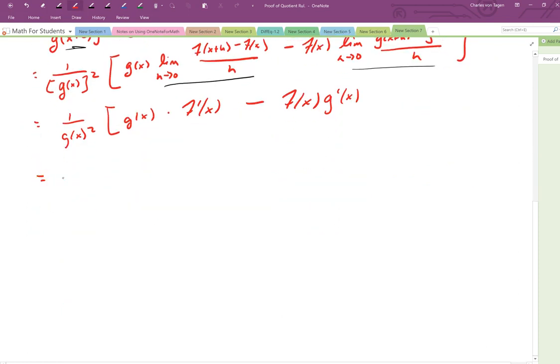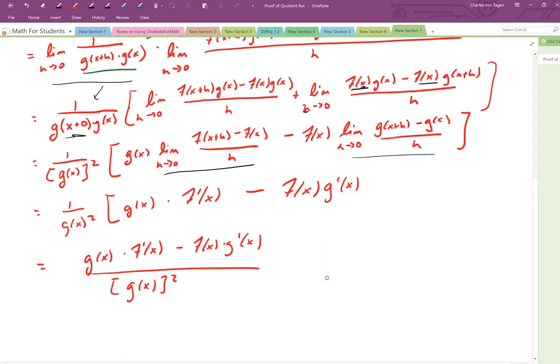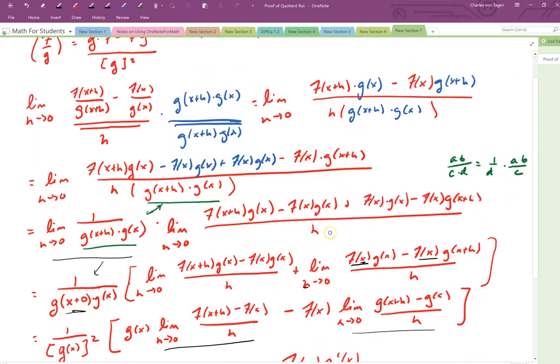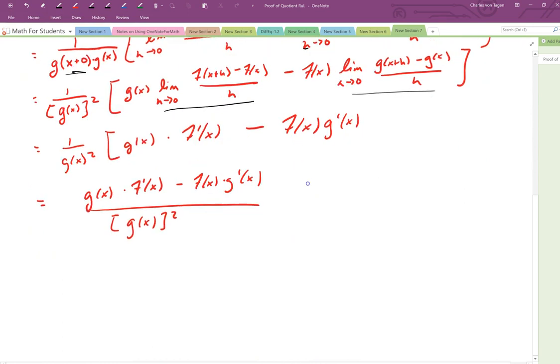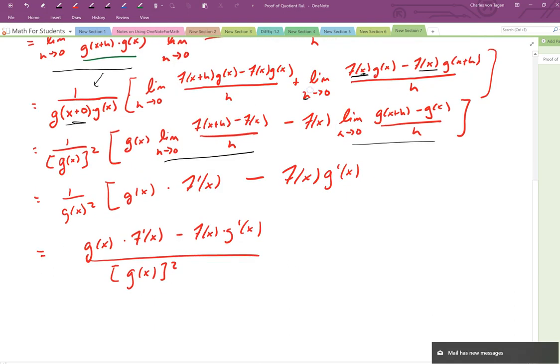Cleaning up our mess, we end up with g of x times f prime of x minus f of x times g prime of x, all over g of x quantity squared. Again, we assumed that f and g were differentiable, and we were able to show that the derivative of the quotient of f divided by g is given by the quotient rule here.